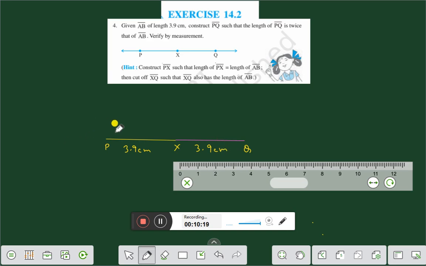Therefore, if we measure P and Q, it will come to 7.8 centimeter, that is 3.9 plus 3.9.